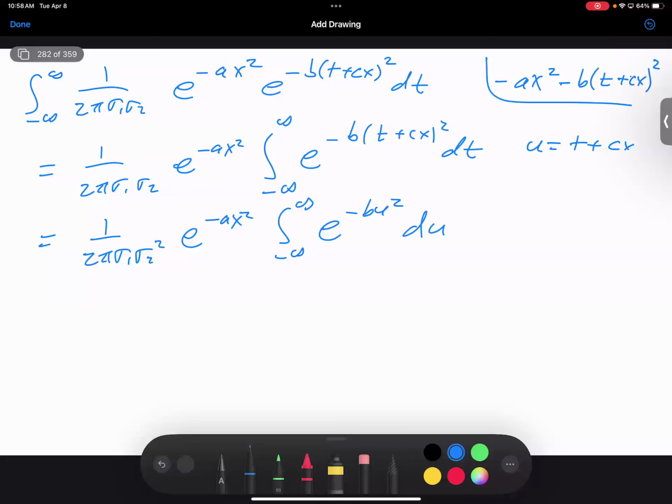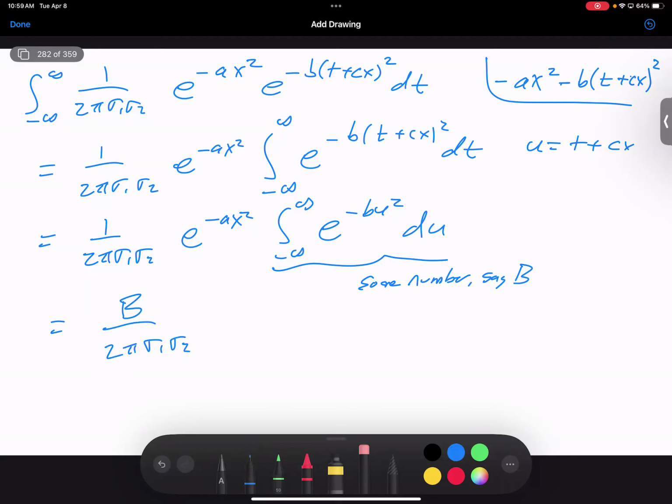I can figure out what number it is in terms of b, but this is just some number. Let's call it capital B. So we get big B over 2 pi sigma 1 sigma 2, oops, there's no square here, e to the minus ax squared. Notice that this looks like a Gaussian. The x dependence is that of a Gaussian.